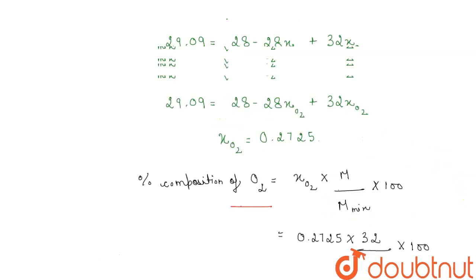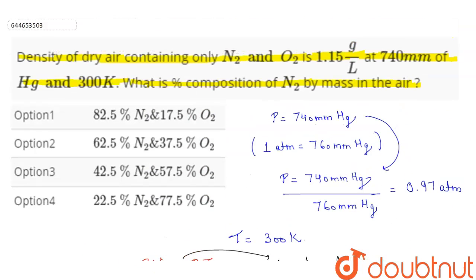So therefore the percentage composition of N2 by mass in the air is 70.02%, and the percentage composition of O2 by mass in the air is 29.97%. Now coming to the options.